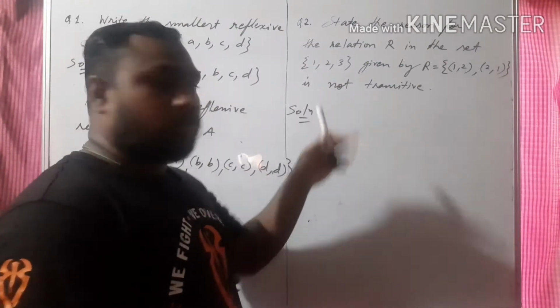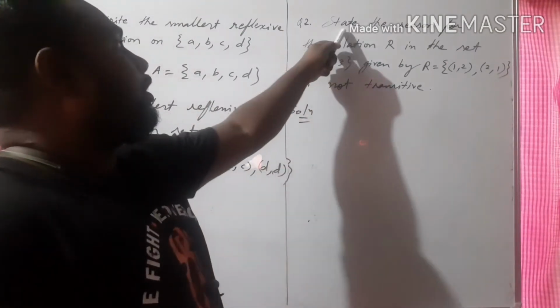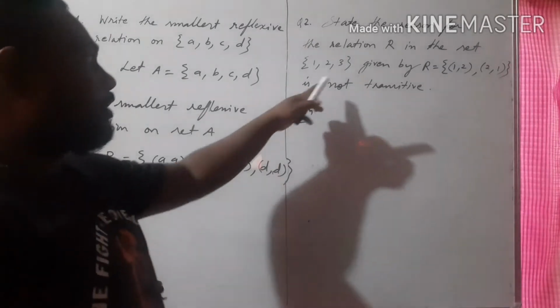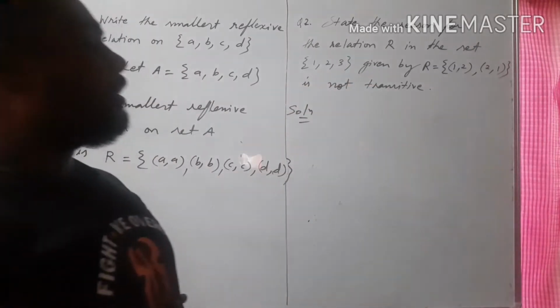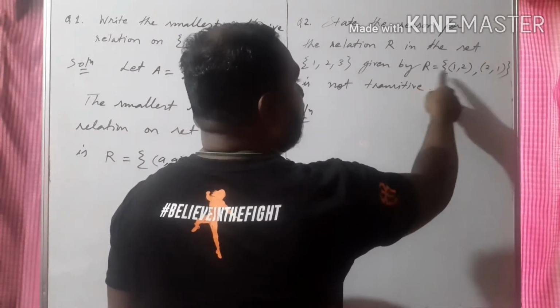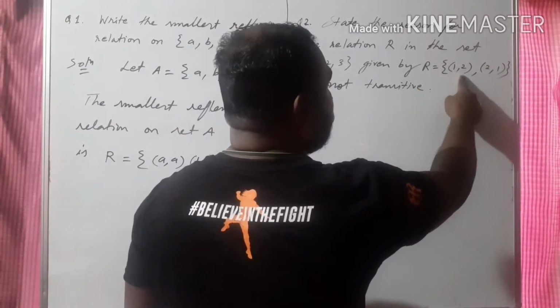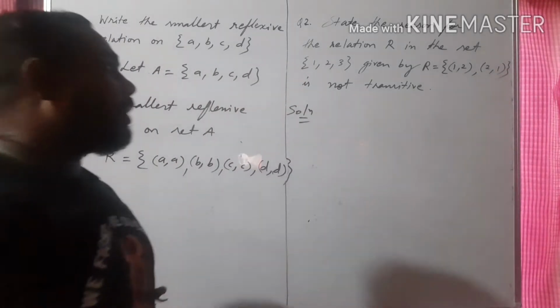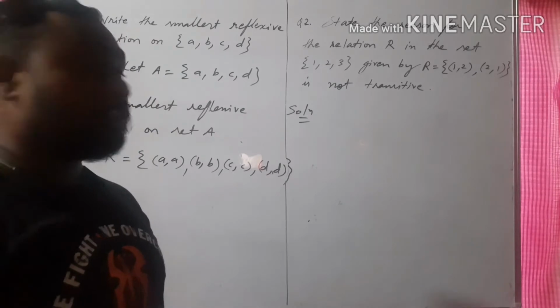Let's see the next question, that is, state the reason for the relation R in the set 1 to 3 given by R is equal to, we have 2 elements in the relation R, ordered pair 1 2 and 2 1. Okay, so we'll have to state a reason why it is not transitive.